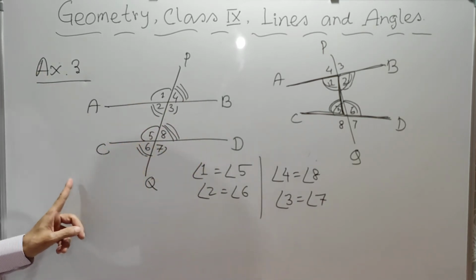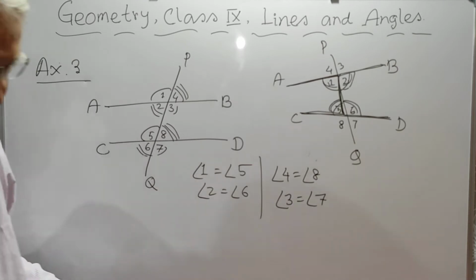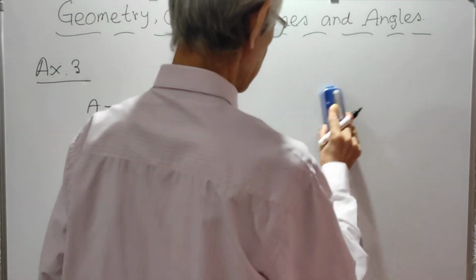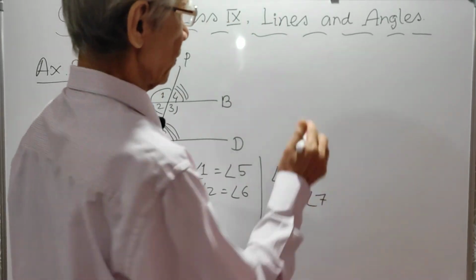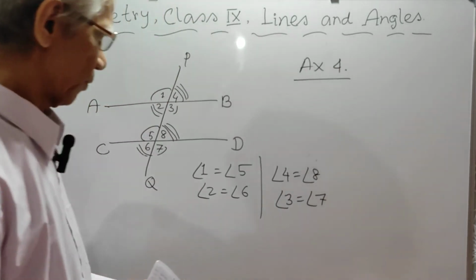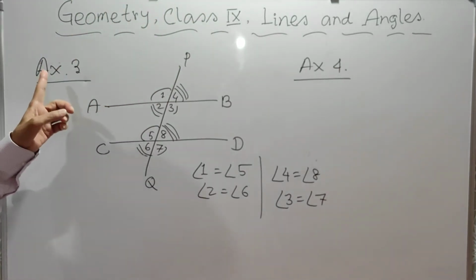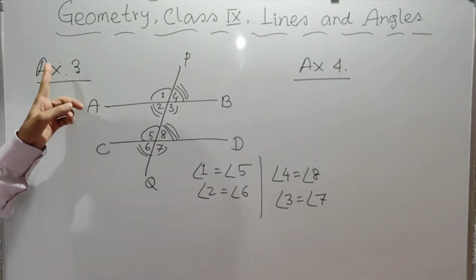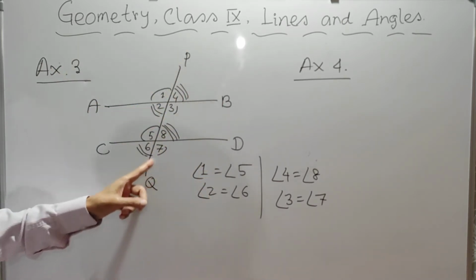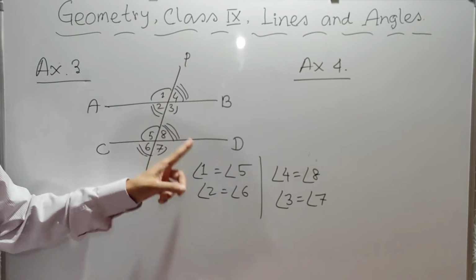Now the next axiom is just the converse of this. So axiom 4 is the converse of axiom 3. Now, listen carefully, axiom 3 says these two lines are parallel, this is a transversal, and corresponding angles are equal.